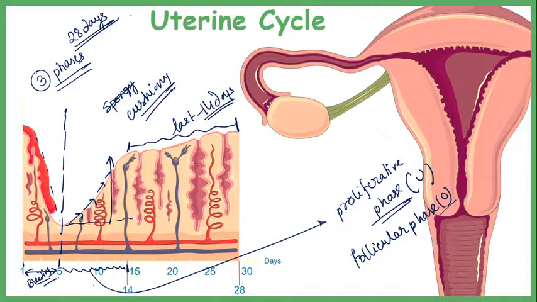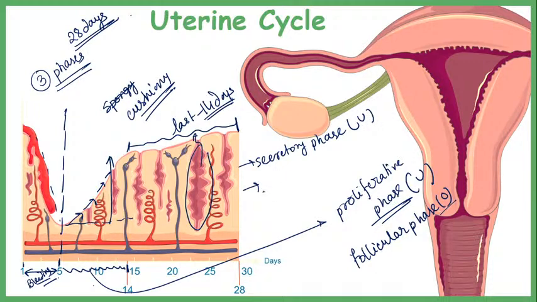The glands in the uterus, can you see these glands, secrete a lot of nutritious fluid in the hope that a sperm has gone up through the female reproductive tract, has fertilized an ovum, and the ovum is converted into a small zygote or embryo. That embryo will take up the nutritious fluid and get embedded or implanted. So this phase is known as the secretory phase for the uterus.